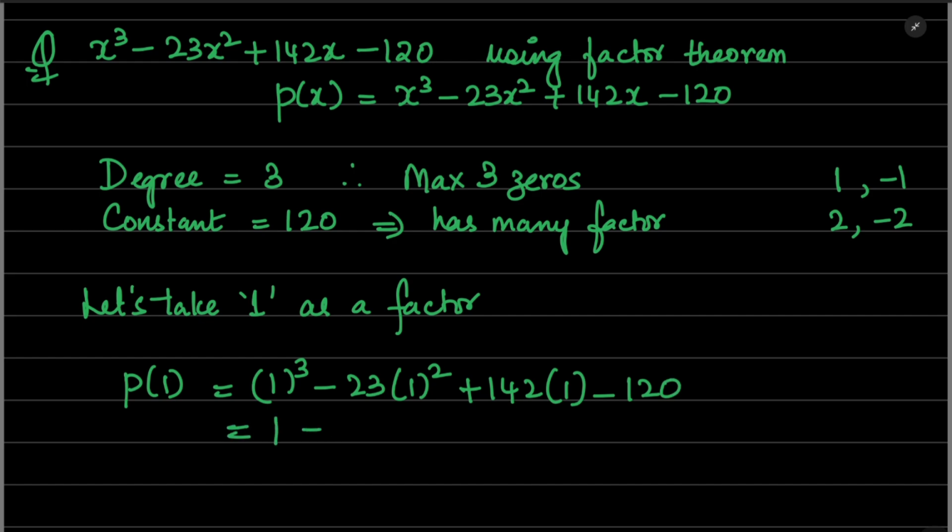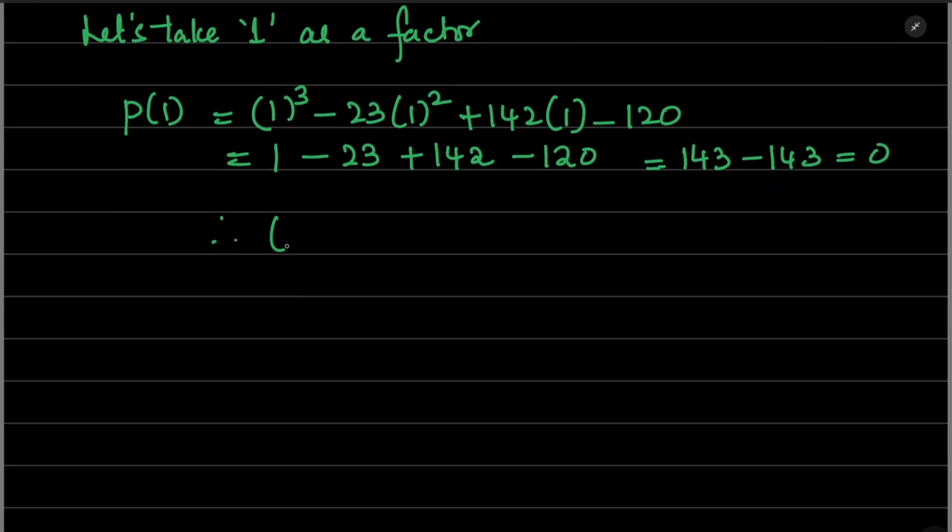This is 1 minus 23 plus 142 minus 120, which is 143 minus 143 equal to 0. So p of 1 is 0, so 1 is a factor. Therefore you have to write it as x minus 1 is a factor.